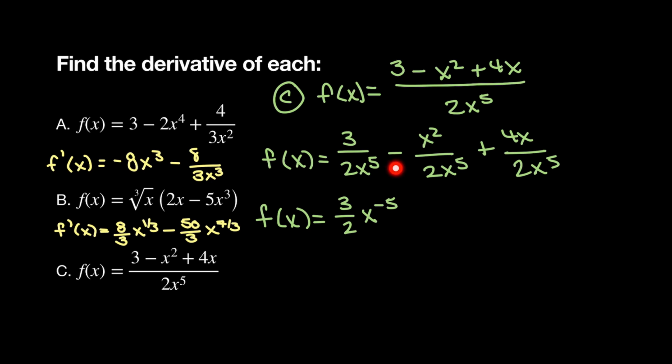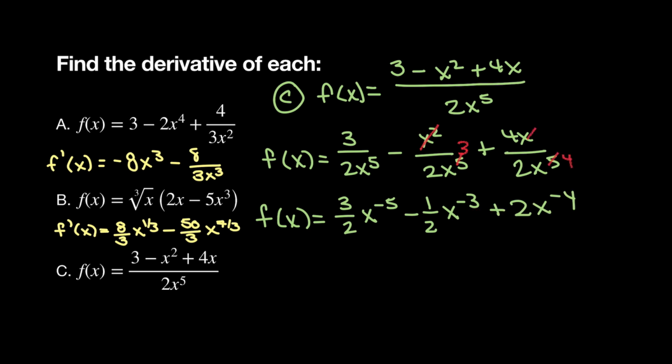Next term, now we've got minus x squared divided by 2x to the fifth. The constant part is the minus 1/2, and then I'm going to cancel an x squared out of the top and bottom, and that leaves me with an x to the third on the bottom, or x to the negative 3. Or if you don't like that idea of canceling, you could subtract the exponents. 2 minus 5 gives us that minus 3.